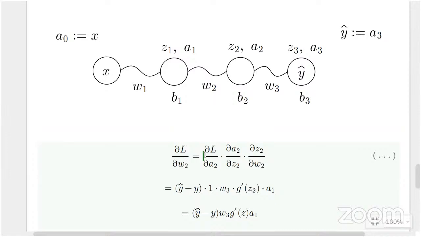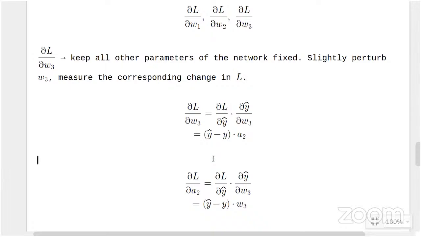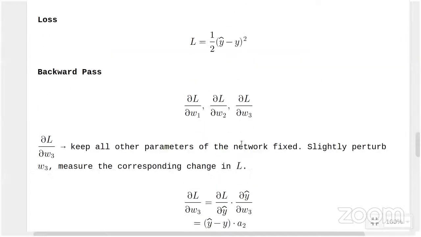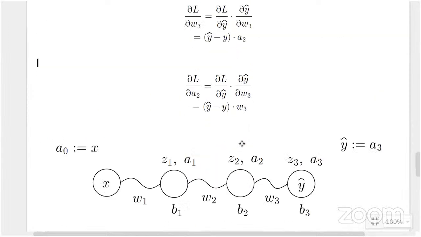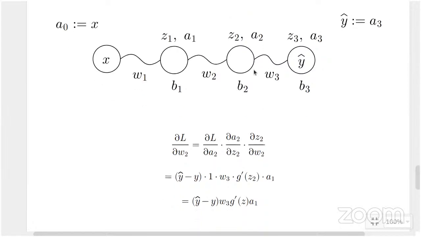This is where the idea of back propagation comes. Sir, one thing: this dou L by dou A2, do we calculate that in the previous part or this part? No, we compute it along with W3. The reason is as follows: when we are changing W3, it is not affecting A2.